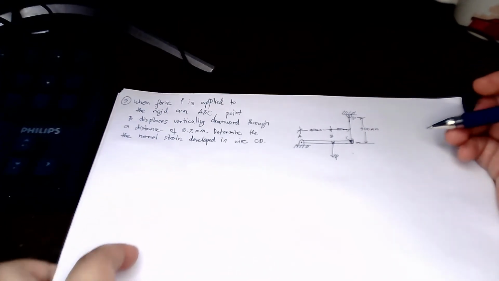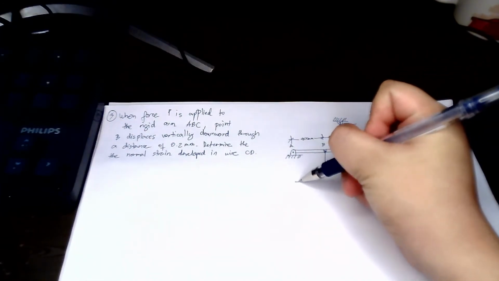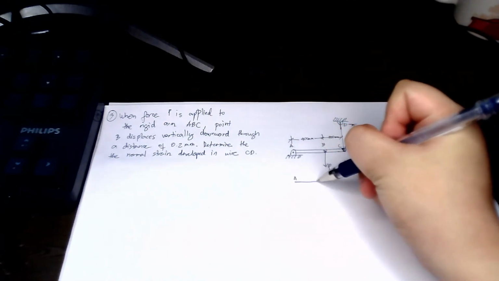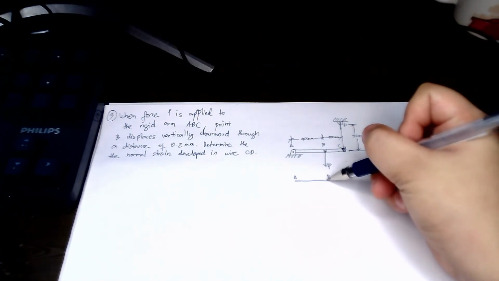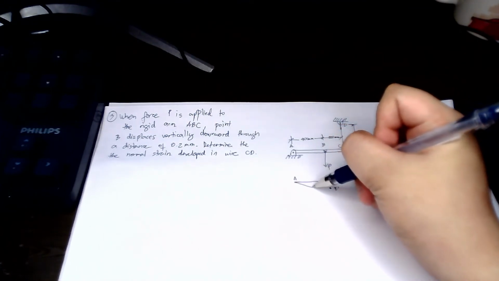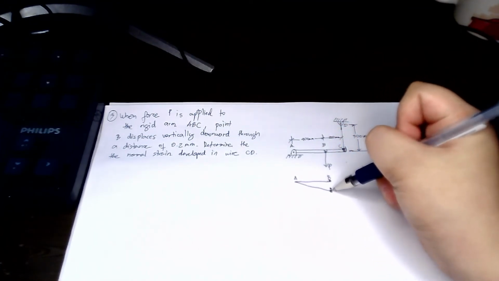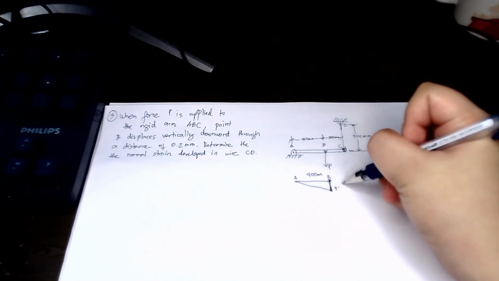So by simple trigonometry, if this is your point A, this is your point B, and before you apply P, this is your point B, and after you apply P, your B prime will be here. This is 400 mm and this is 0.2 mm.